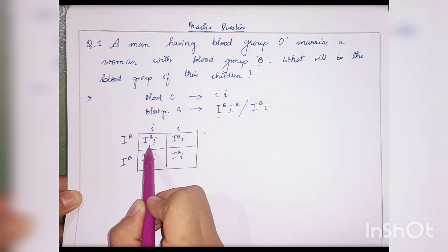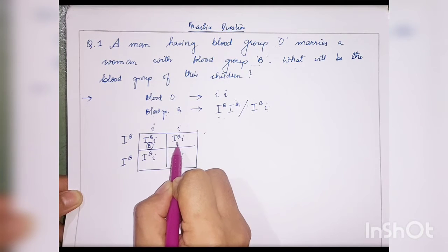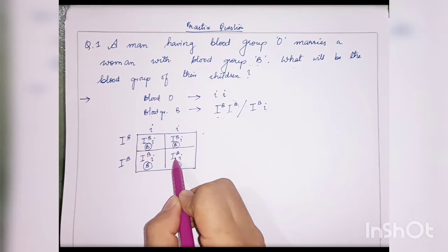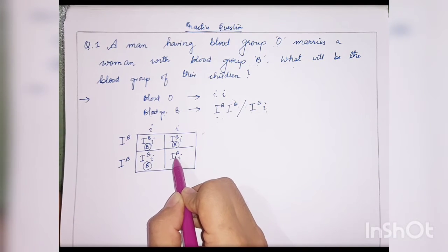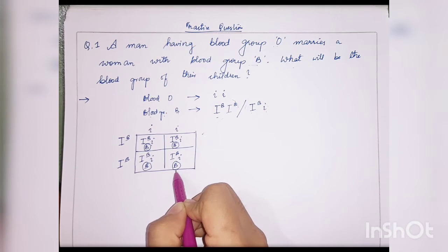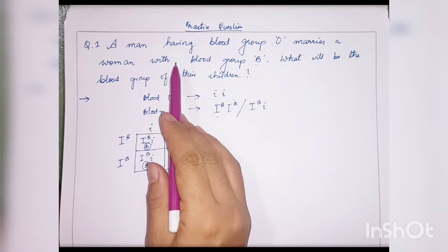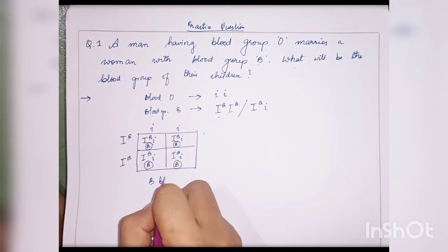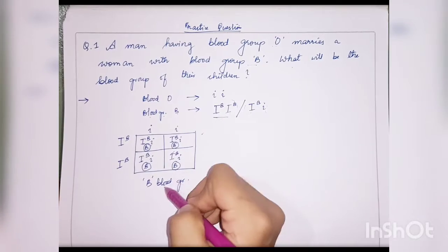In such a case the blood group will be B. Since IB is dominant and i is recessive, the dominant IB will dominate over the small i and they will all show B. So if the mother has homozygous blood group B, then all the children will have B blood group.